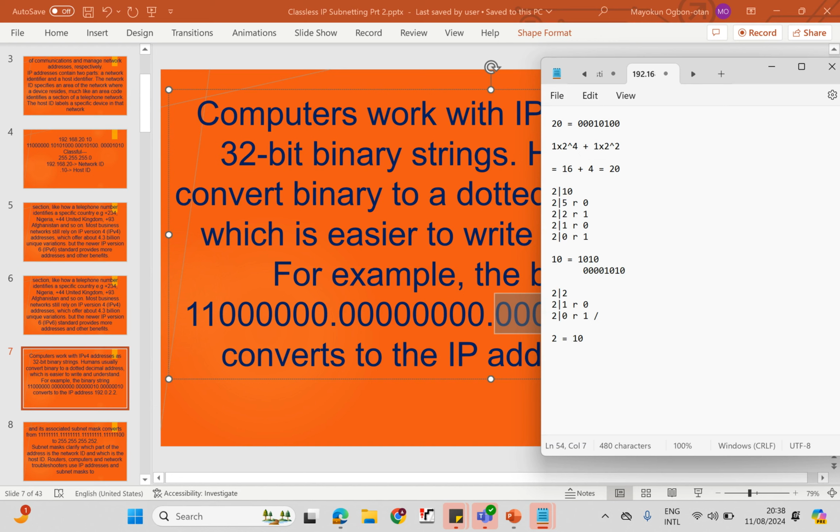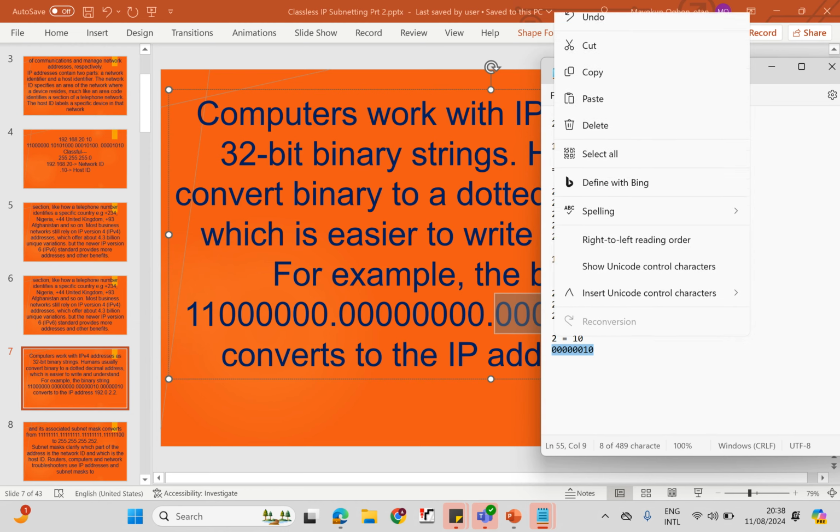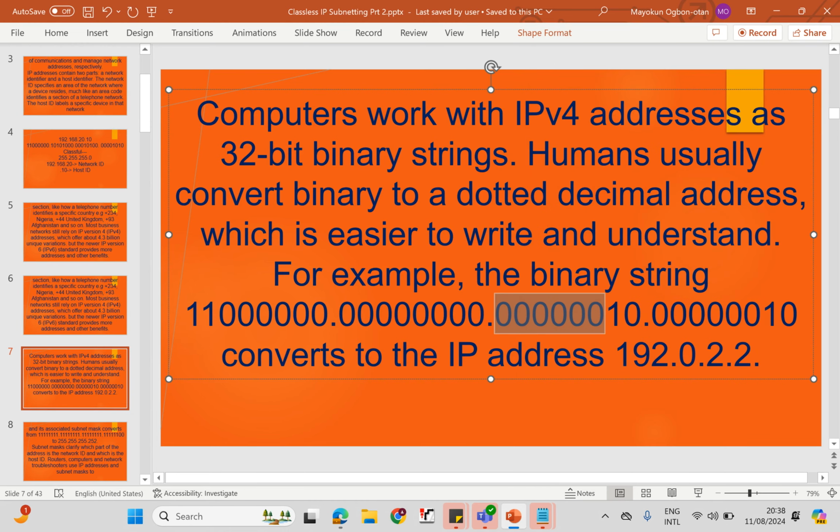That's 10. However, we need to make it 8 bits. 8 bits in an octet. So that 8 bits now will comprise 6 zeros in front and then the 10, which is an on and an off. So that's how we got these two, and the same for these two.